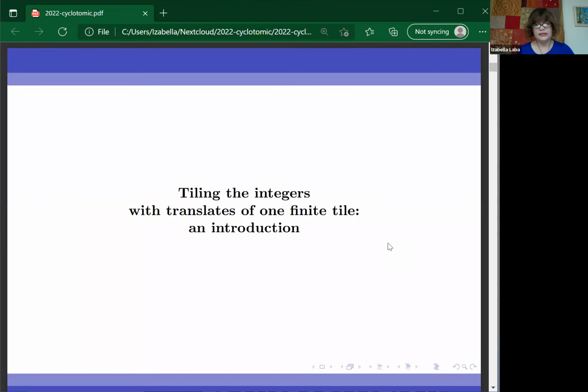I'm going to say that A tiles the integers by translations if I can cover Z by a union of disjoint translates of A. So in other words, there's an infinite set T, called the translation set, so that every x in Z can be expressed uniquely as x equals a plus t with a in A and t in T.